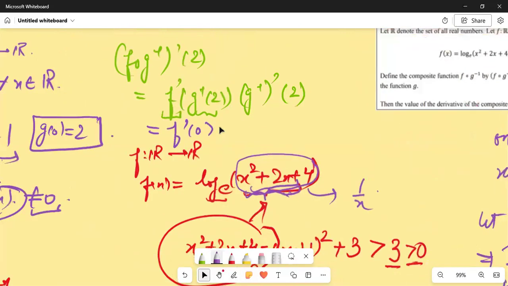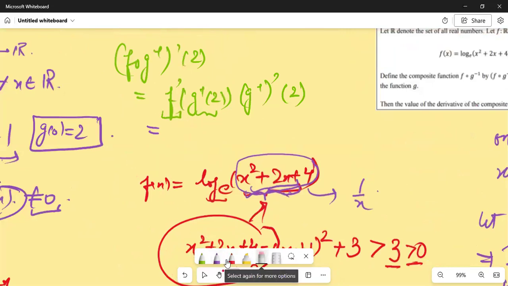So you get f prime 0 upon g prime of 0, because g of 0 is 2.